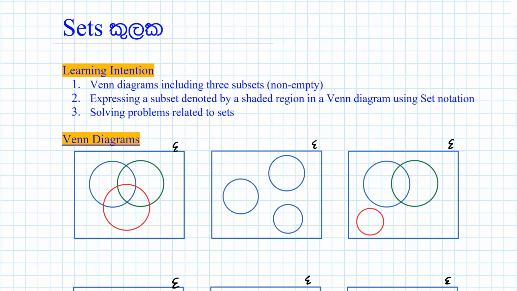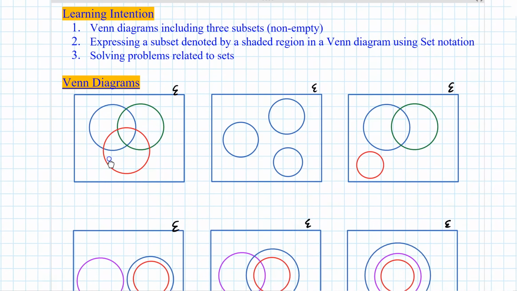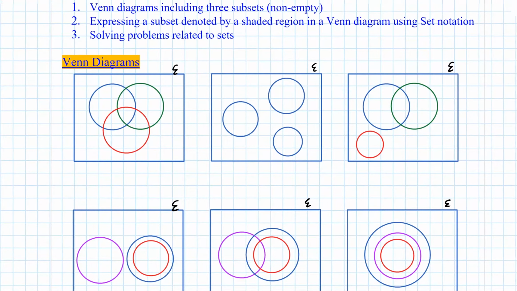Okay, now here you can see I have given a set of Venn diagrams. In each of these, we are going to have a look at the way of presenting. The first one that we are going to look at is the most general form, where you have all 3 subsets intersecting each other, forming 8 different sections.